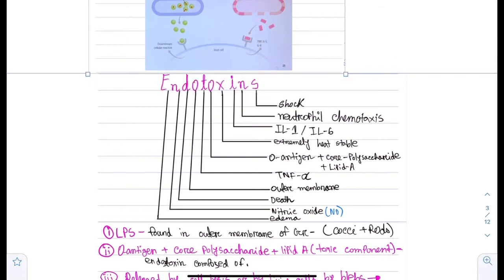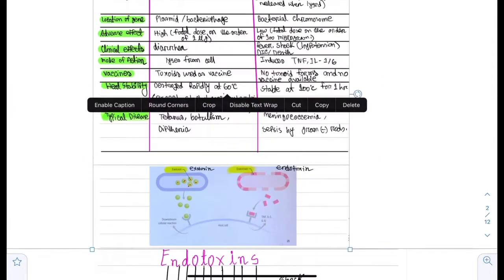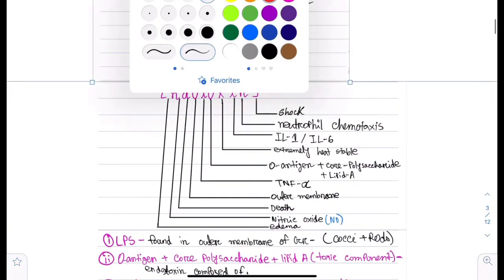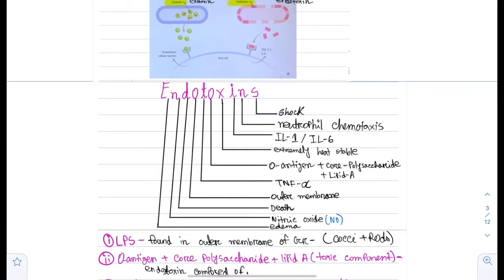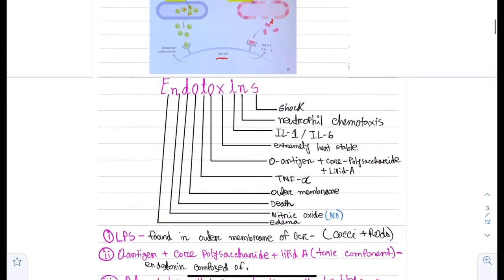But in the case of the endotoxin, they will lyse the cell of the bacteria, and then those toxins will come and bind to the host cell receptors. And from the host cell receptors, when they recognize that some foreign elements have entered the cell, they will release TNF and interleukins to cause further mechanisms like fever and also diarrhea.